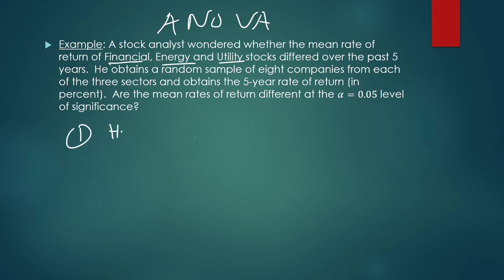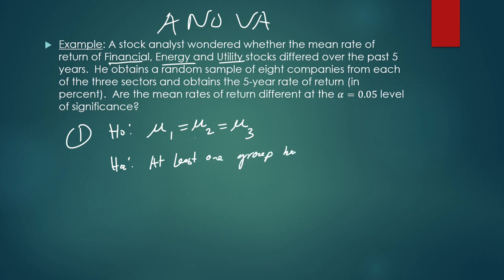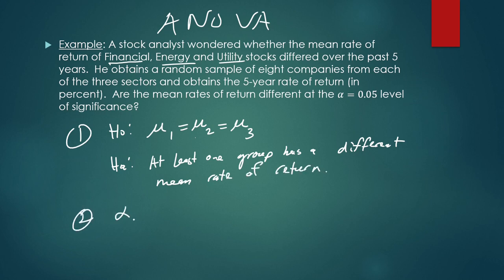Step 1, we're going to state the null hypothesis. I'm just going to say the mean of the first group is equal to the mean of the second group, and that's equal to the mean of the third group. For the alternative hypothesis, we're going to write at least one group has a different mean rate of return. In step 2, we'll just state alpha.